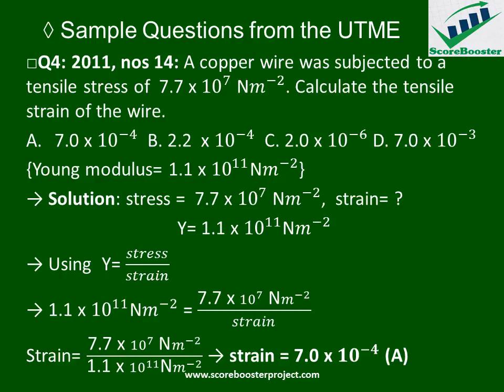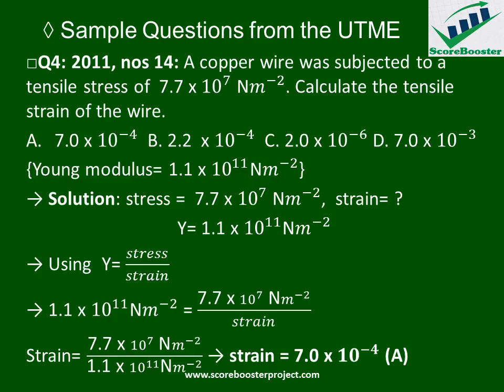Now the next question we shall be considering comes from 2011, number 4, and the question goes thus: a copper wire was subjected to a tensile stress of 7.7 times 10⁻⁷ Newton per meter square. Calculate the tensile strain of the wire.